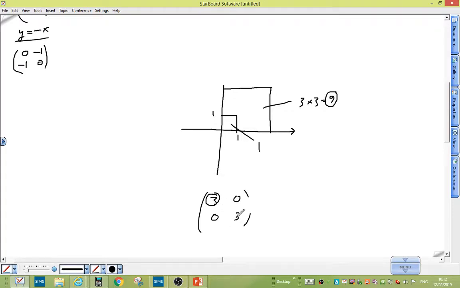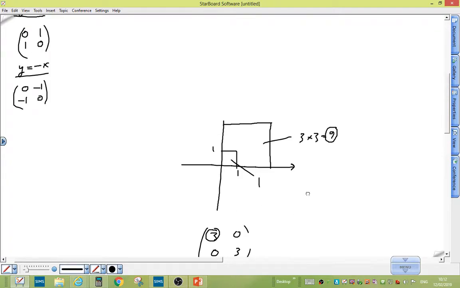If you take the determinant of this, and it applies to any kind of enlargement, not just ones from the centre, 3 times 3 is 9, take away 0 times 0 is nothing, so you can get the area scale factor by looking at the determinant. Okay, so that's just with that. We will have notes on that later on. I just thought I'd mention it while we're at it.